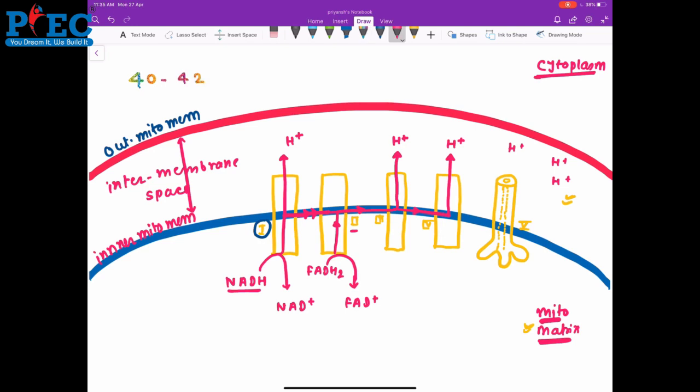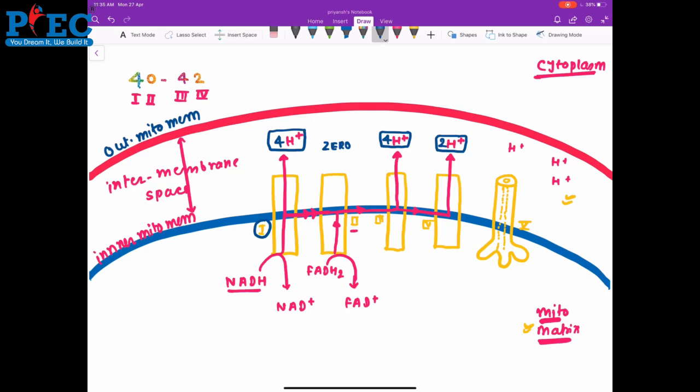So complex 1 pumps 4 hydrogen ions at a time. Complex 2 does not pump any hydrogen ion. Complex 3 will pump 4 hydrogen ions, and complex 4 will pump 2 hydrogen ions. I am writing this data in the diagram: complex 1 is pumping 4 hydrogens at a time, complex 2 is not pumping, 0, complex 3 is pumping 4 hydrogens, and the last one, complex 4, is pumping 2 hydrogens at a time.